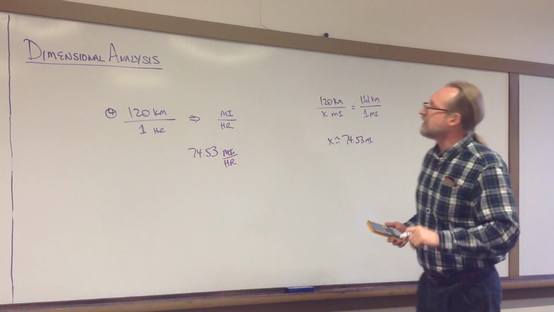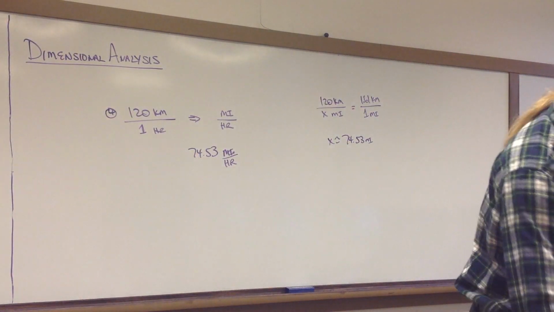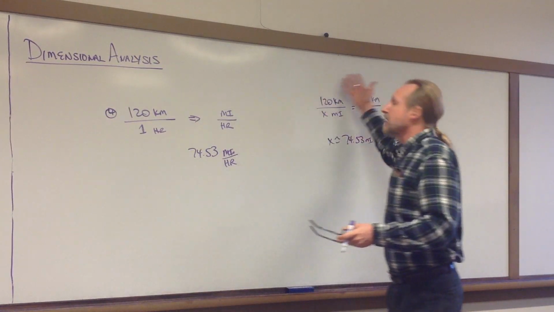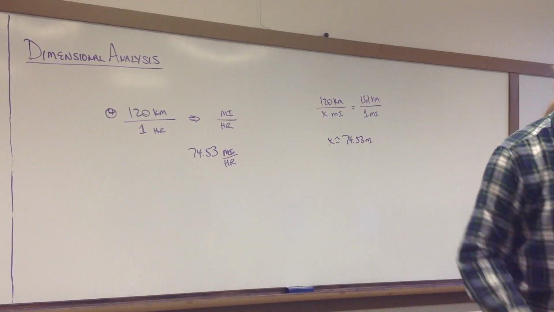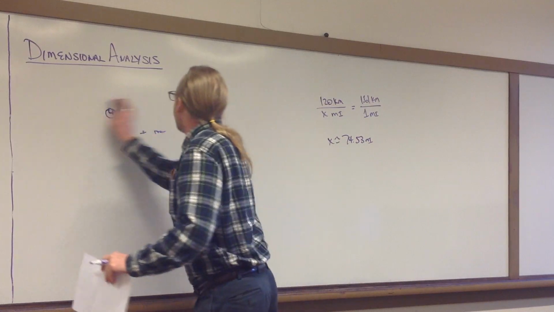And you can write MPH there if you'd prefer. That one was relatively straightforward. We don't really need the dimensional analysis approach because we're really only making one conversion in problem 4. Okay, problem 6 is a little bit more complex.